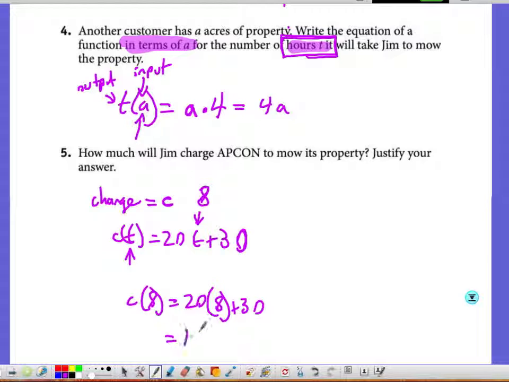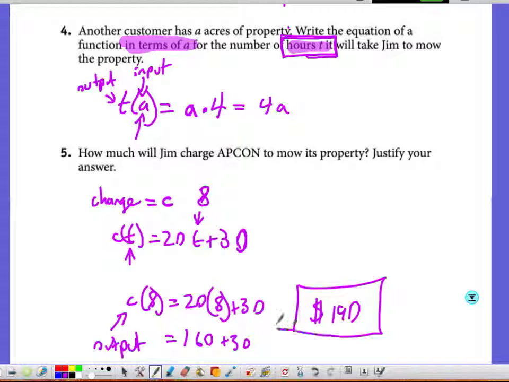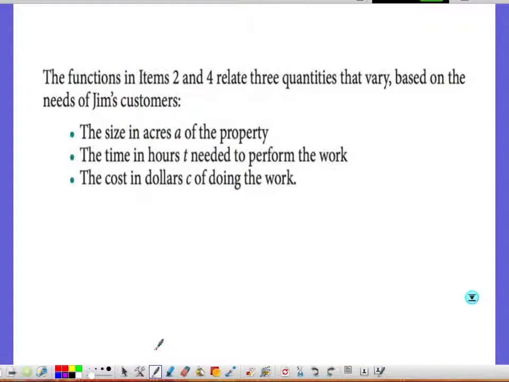And that's going to be 160 plus 30. And so since C is my output, which stands for cost, my total charge is going to be $190. So Jim is going to make a nice amount of money to mow 2 acres. I would gladly mow 2 acres and get $190.